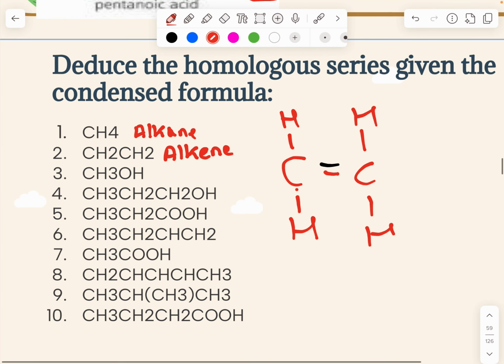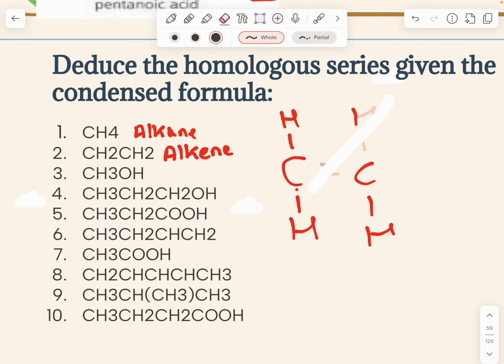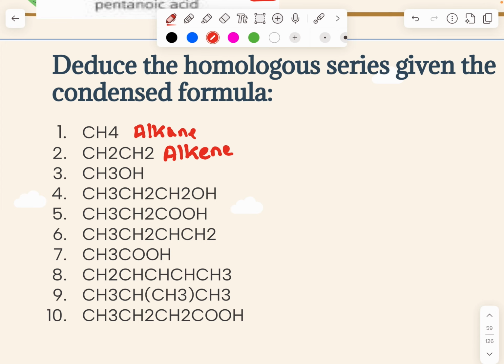Amazing. Now let us do the next one. We're at number 3. For number 3, it says CH3. So the first carbon has 3 hydrogens around it. 1, 2, 3. And there's no other carbons. However, there's an OH. So I'm simply just going to attach it to this one here.